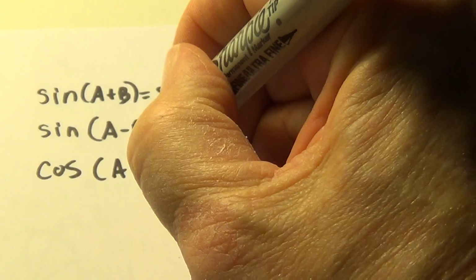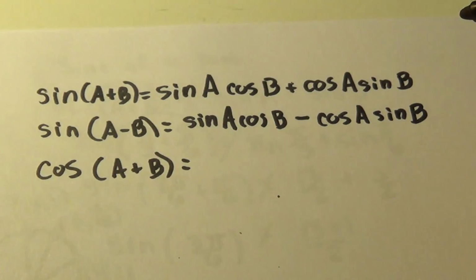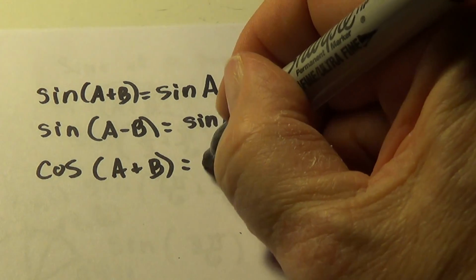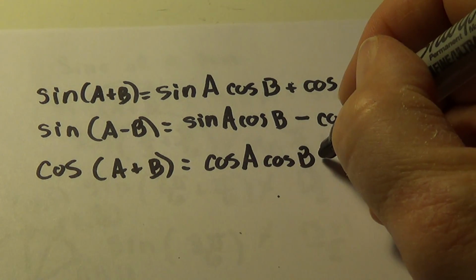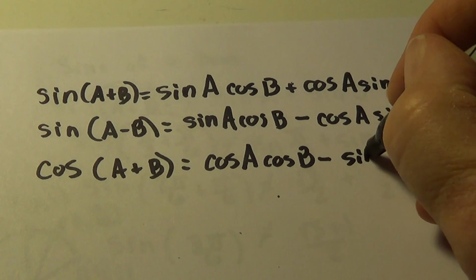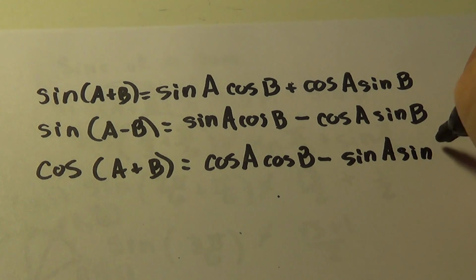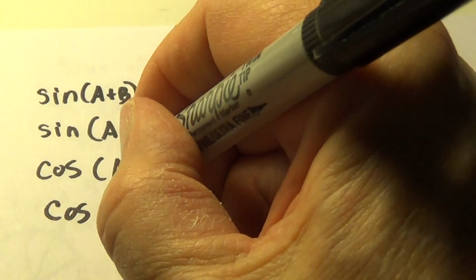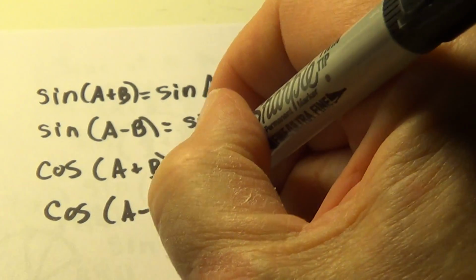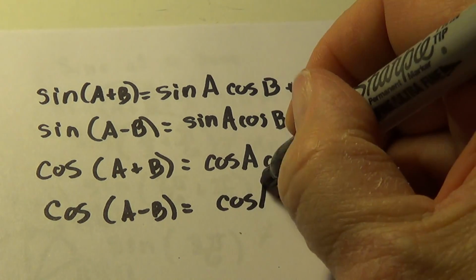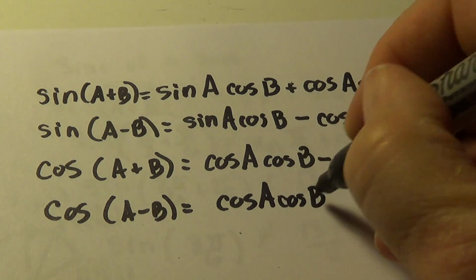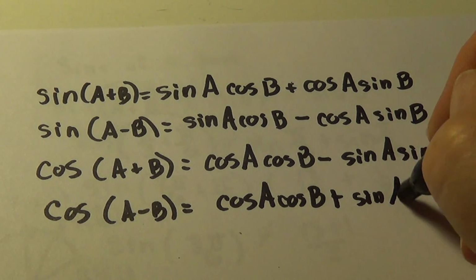Alright, cosine of a sum is cosine A, cosine B, minus sine A, sine B. And lastly, cosine of A minus B is similar except for right there. Cosine A, cosine B, plus sine A, sine B.